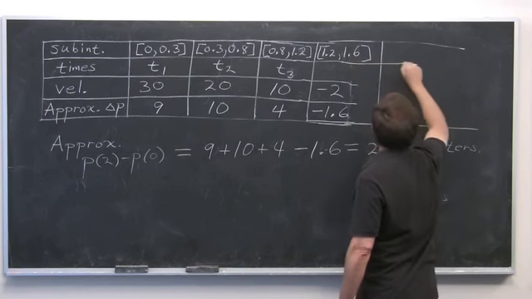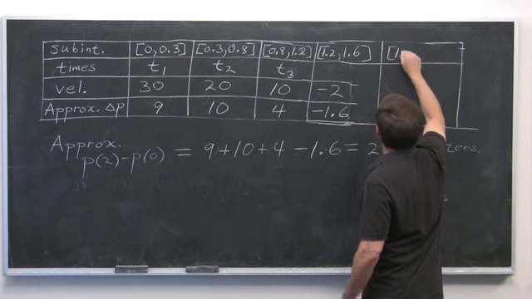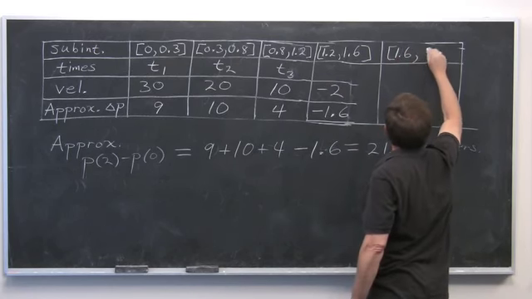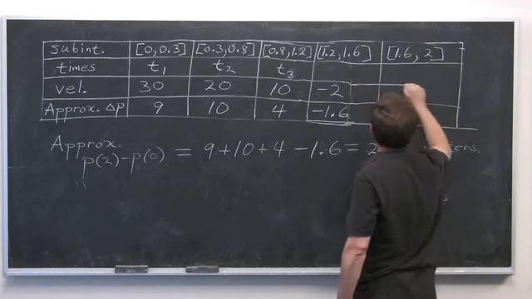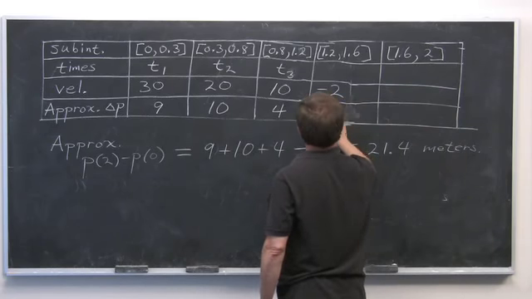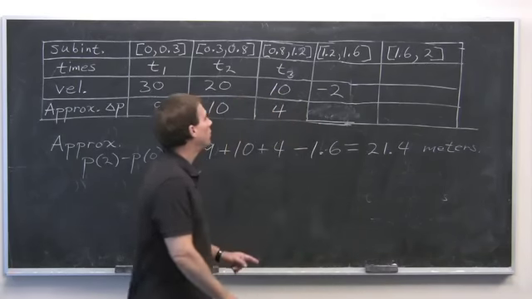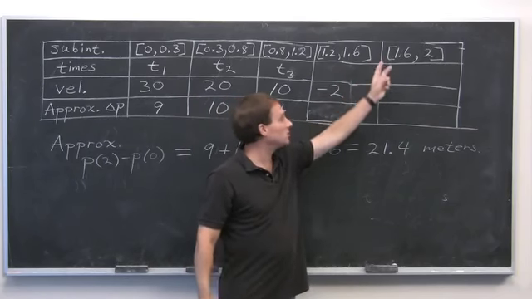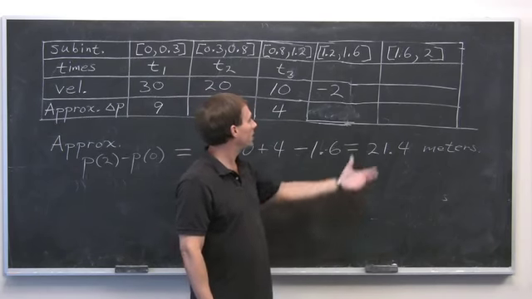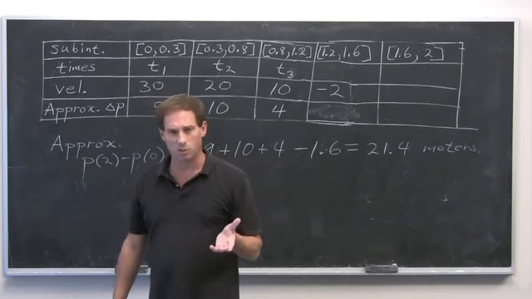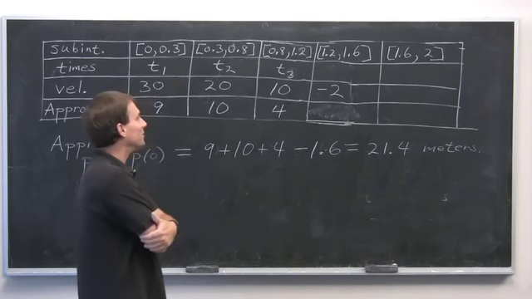And then maybe we're given some data about what happens on the time interval, so on this time interval and this time interval. So what do we need to do now? We would need times in each of these subintervals, velocities at those corresponding times, and then we'll calculate the changes in displacement, or the approximate changes in position.